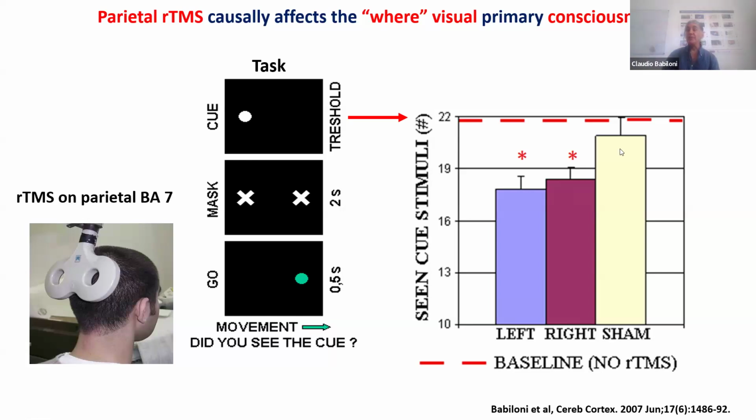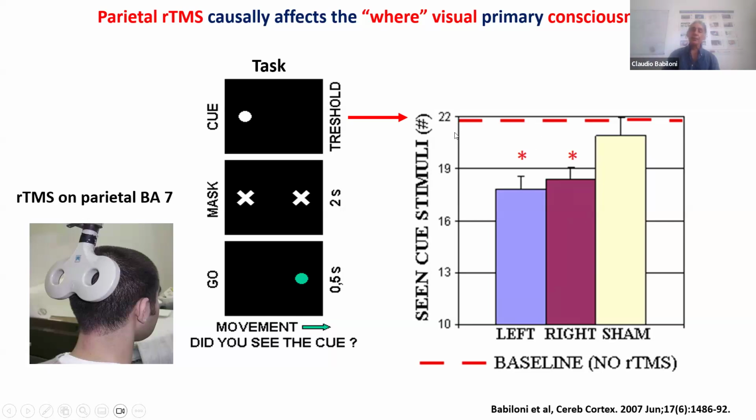And in yellow, the sham condition, so no true magnetic stimulation, but just the sound. And in the horizontal line, we have the results of the experiment without any TMS stimulation, effective or sham, nothing, like in the EEG experiment.